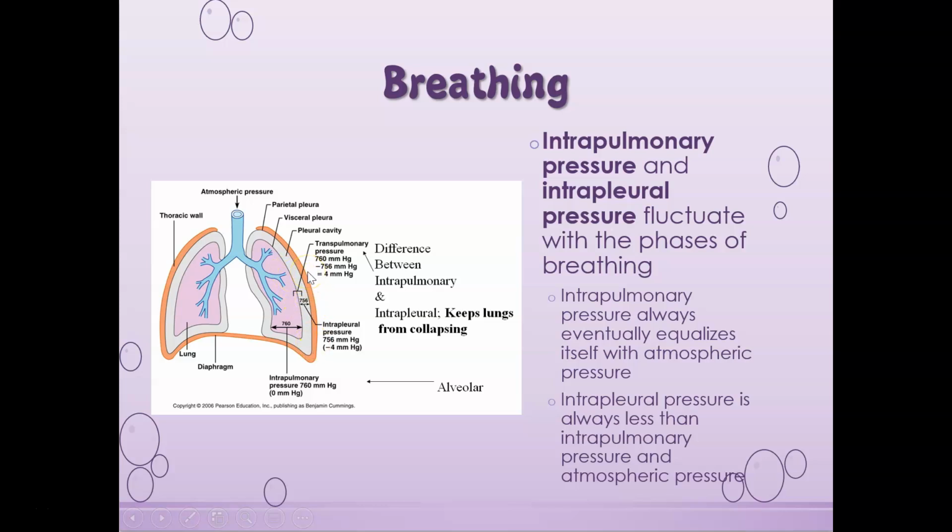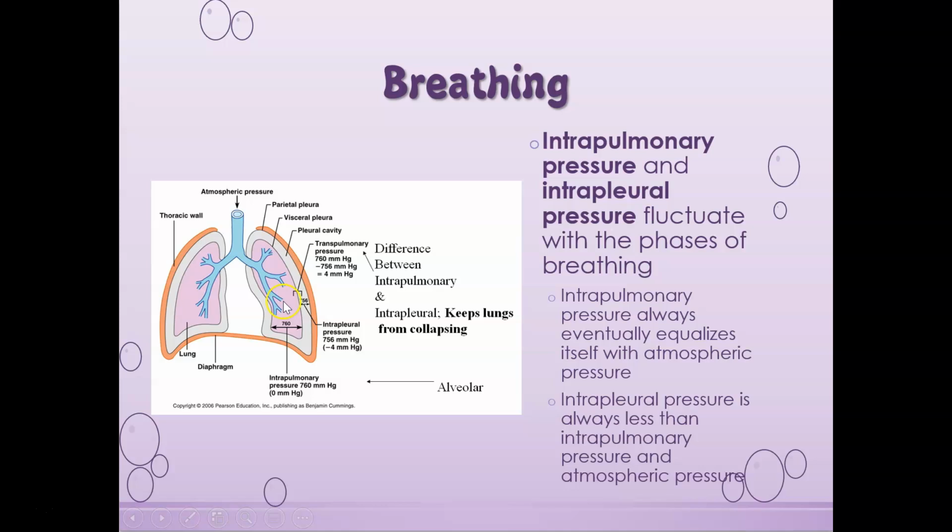Just like your heart's in a pericardial sac, your lungs are also in pleural sacs that have mucus and surfactant to reduce the friction as those lungs blow up and collapse. So I have pressure in here on the actual lung tissue itself, and I've got pressure in here in that sac. The idea is that intrapulmonary pressure should always equalize itself with the atmospheric pressure.